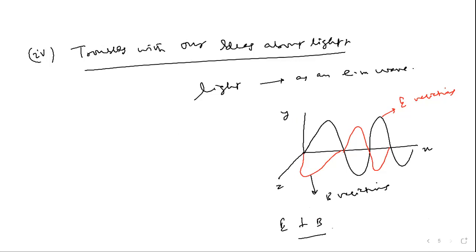So we said that according to Maxwell's theory, light can be described as an electromagnetic wave, right? And just as a mechanical wave can be analyzed in terms of oscillating particles in a medium, an electromagnetic wave can be analyzed in terms of oscillating electric and magnetic fields.